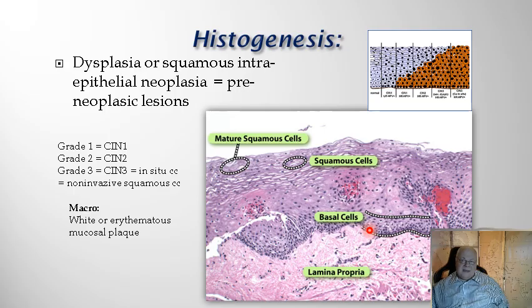And this process of evolution for dysplasia takes time, around 5 years of evolution from grade 1 to grade 3. And it's even possible for grade 1 and grade 2 to reverse to normal. So it's not necessarily always going to reach the grade 3 level.